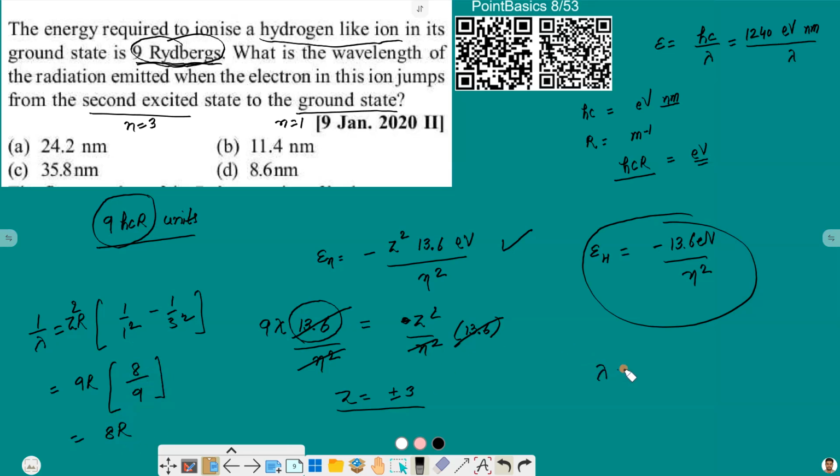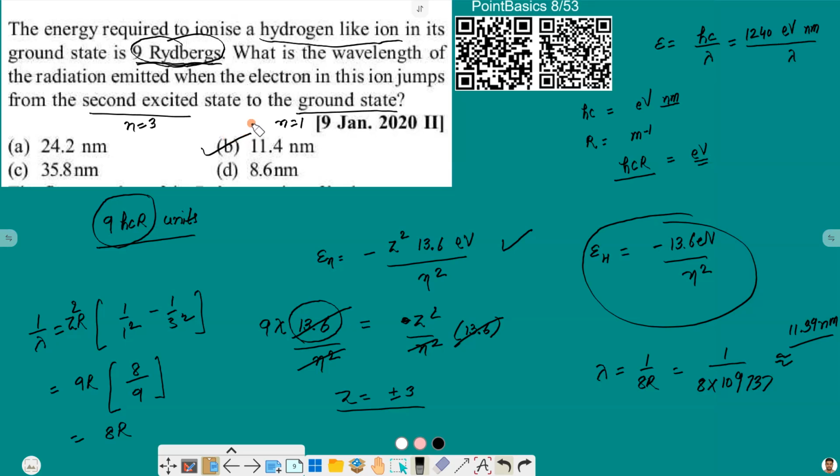From that, lambda becomes 1 by 8R. Now let's substitute the value: 1 by 8 into 1.09737 into 10 to the power 7, which is approximately equal to 11.39 nanometer. That is comparable to option B.